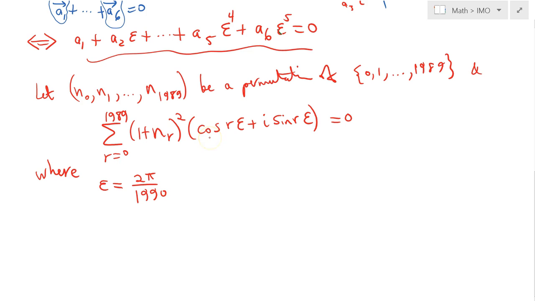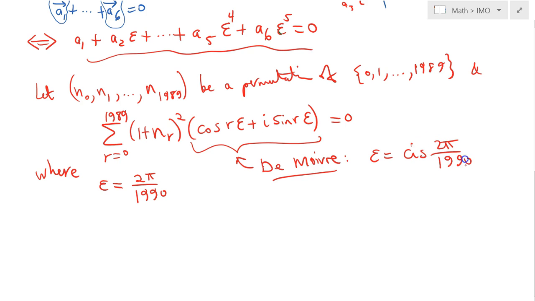Just to clarify, this follows from de Moivre's formula. Remember that if epsilon is equal to the 1990th root of unity, then epsilon to the rth power is simply cis, so when you are taking the rth power of this whole thing, it's just r times 2 pi over 1990. Okay, so that's our expression here.